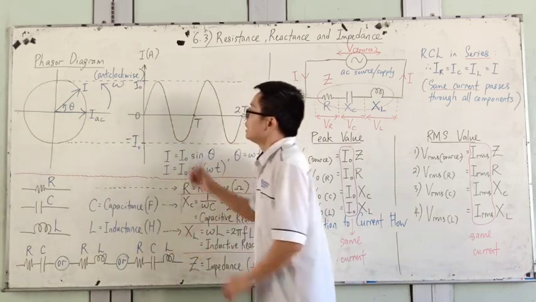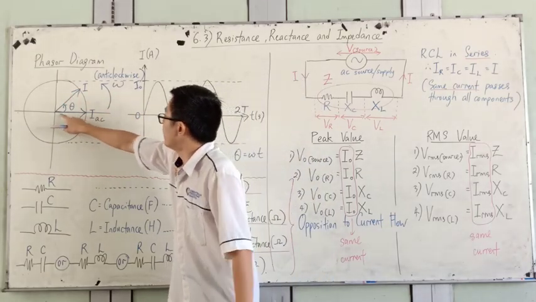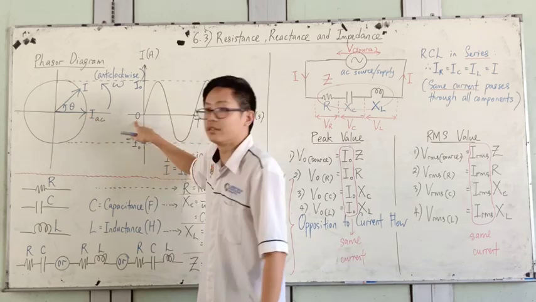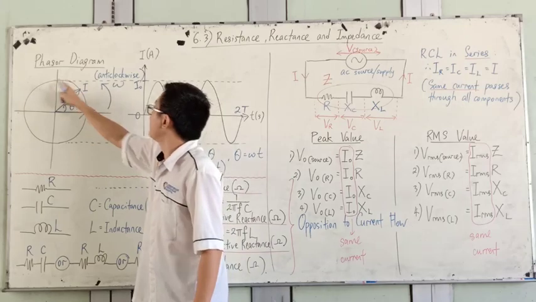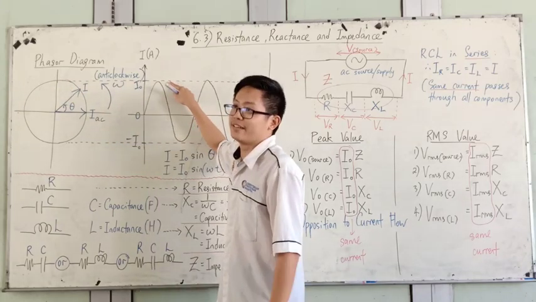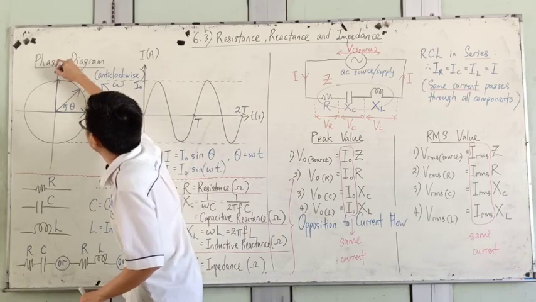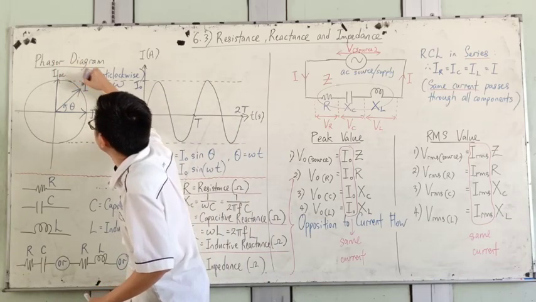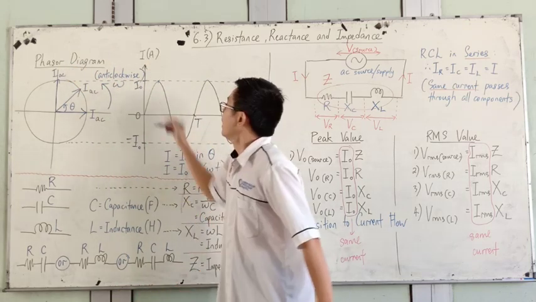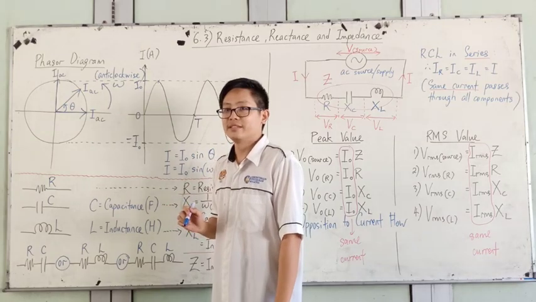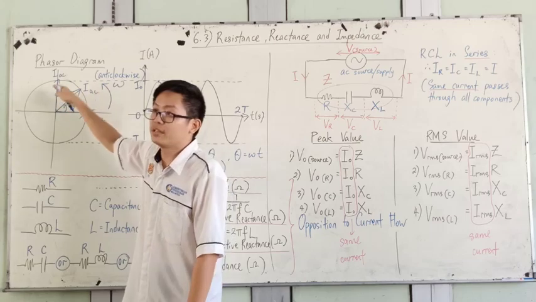When we translate into the graph, initially the current is 0, when the x component is 0. When going up, the current increases. When the current reaches here, it is at maximum, I0, because this is the y component of the circular motion.